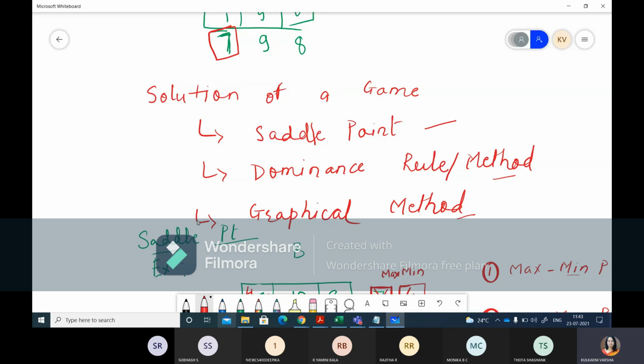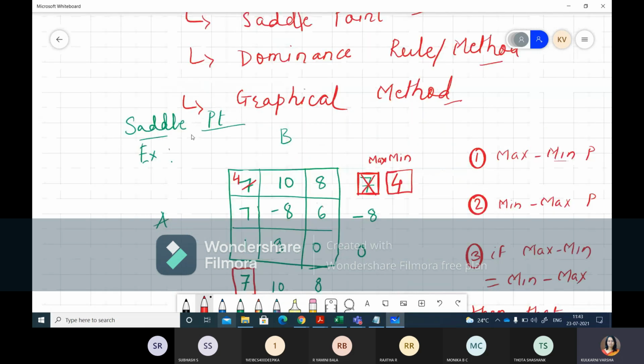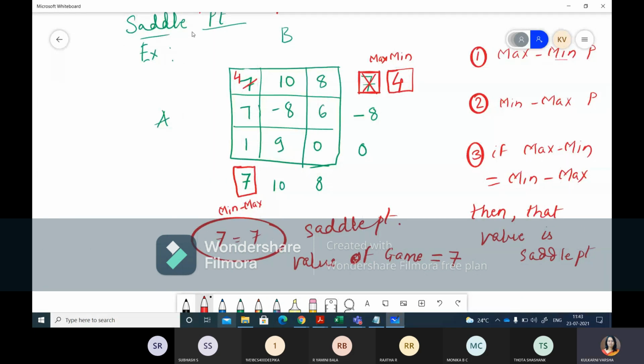In the example we have seen, if this is 7, maximin is 7 and the saddle point is 7. But if this is some other value, like 4, there is no saddle point because maximin is not equal to minimax.